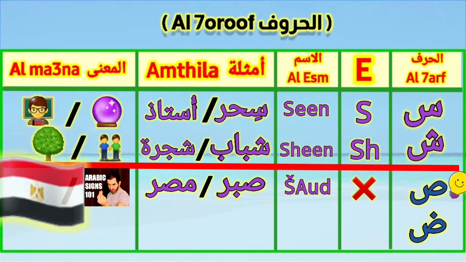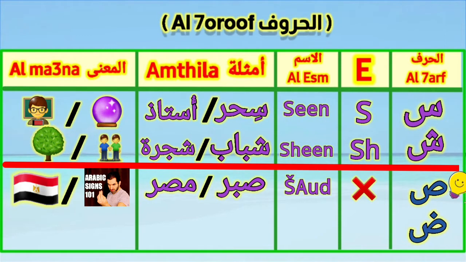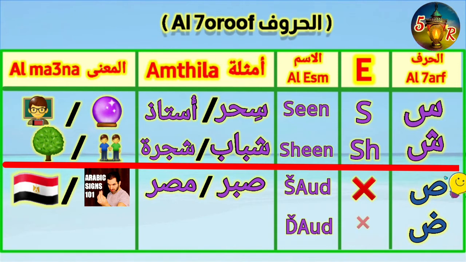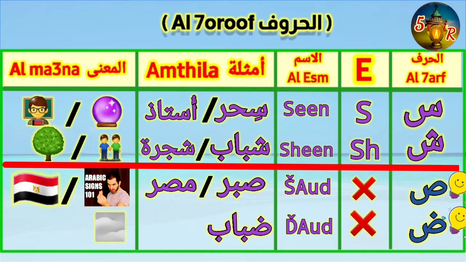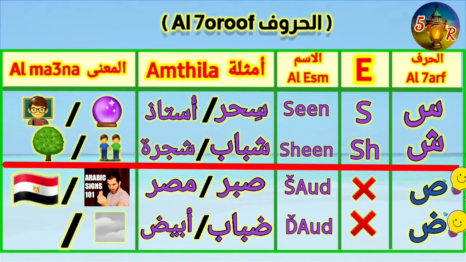This is Egypt, right? Last letter was ضاد, the most important حرف, لغة الضاد. Equivalent, same story, no equivalent. It's a new sound in Arabic. مثال for ضاد we said ضباب. ضباب means fog. And also we said أبيض. أبيض means white. تمام تمام.